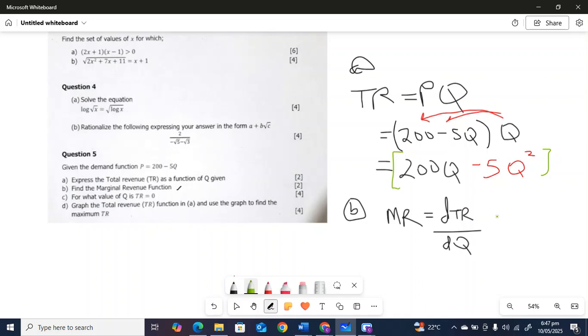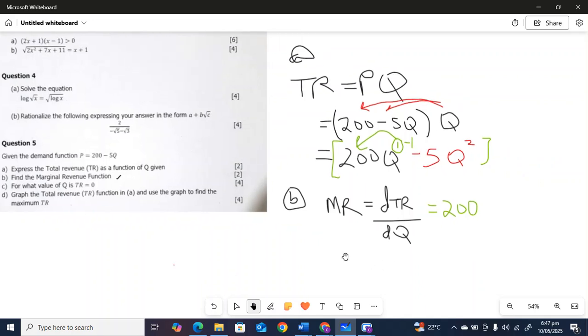Yes, this is 200 Q to the power 1. So when we're deriving, exponent times coefficient, 1 times 200, that is 200. Subtract 1 from the exponent, 1 minus 1 is 0. So Q to the power 0 is the same as 1.